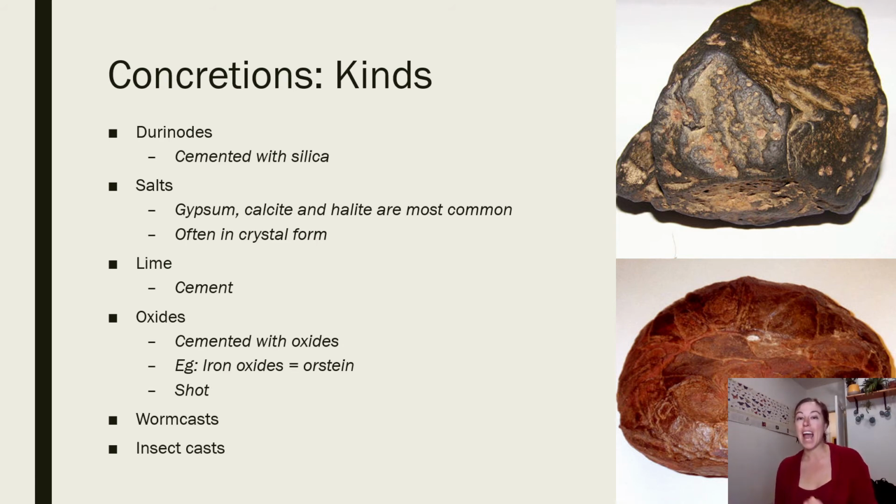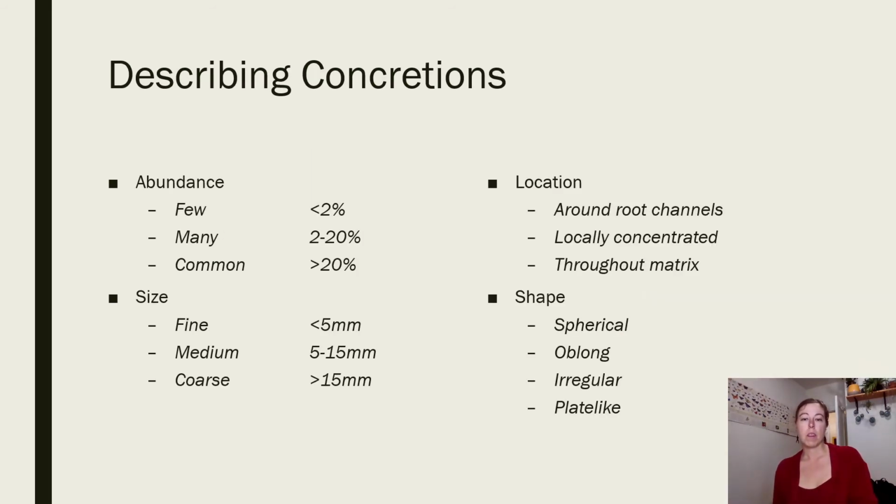You can also get casts from animals that become concretions. This is a durinode, and this is an ornstein. Again, abundance, size, location. Are you finding them throughout everything or only around roots? What shape are they? Spherical, oblong, irregular, plate-like.